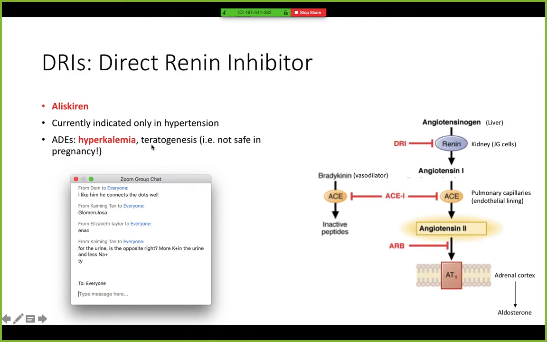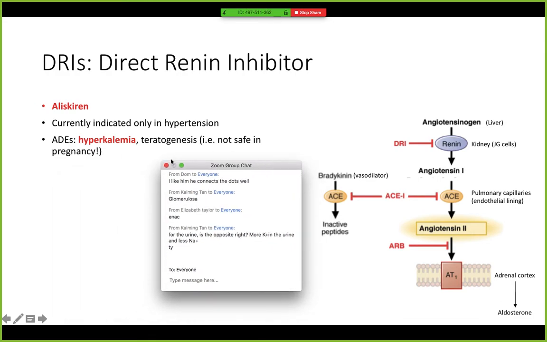So rather than seeing hypokalemia, you're going to see hyperkalemia. And then something not in red, but also that he mentioned, was the fact that aliskiren is a teratogen. So it's not something that would be safe for a pregnant female.